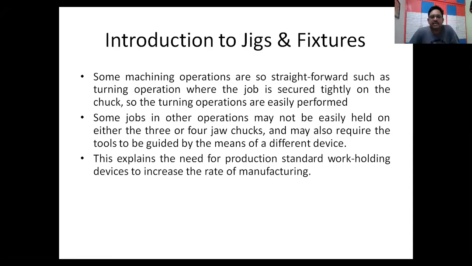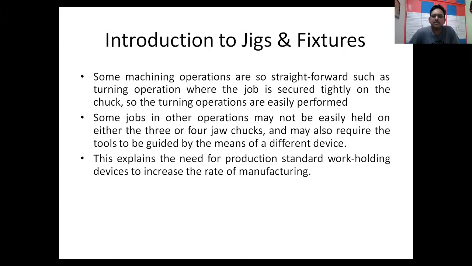So this explains the need for production standard work holding devices to increase the rate of manufacturing. We need to have work holding devices to increase the rate of manufacturing and also to enhance the production standards, the quality of the production.